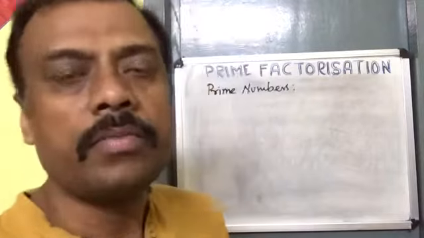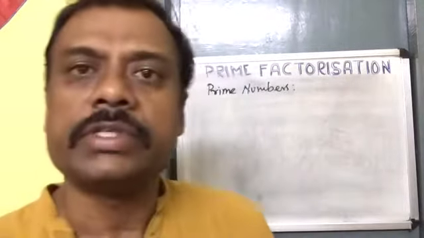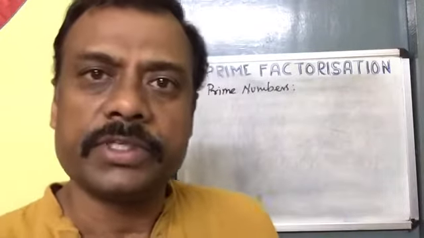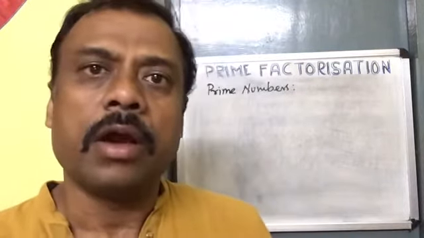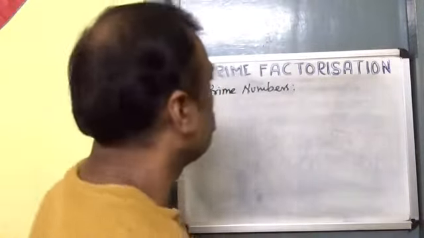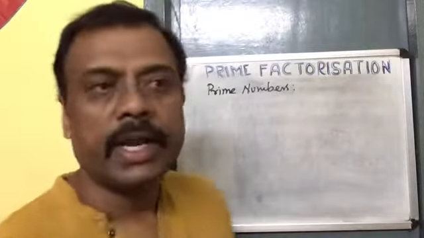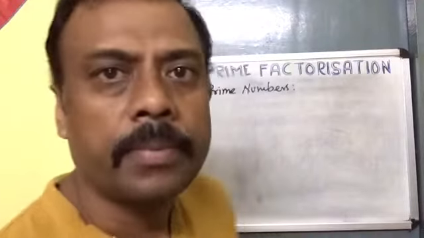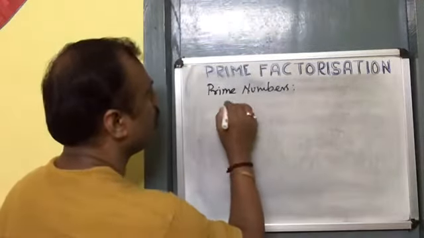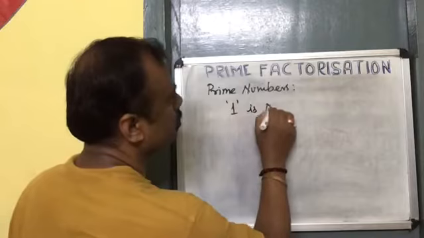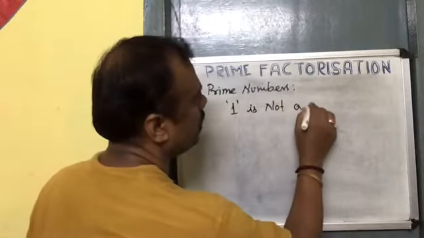Let us list out some prime numbers from 1 to 20. Before this, I want to say that these types of numbers we talk about are all in the natural number system. One more important point: 1 is not a prime number.